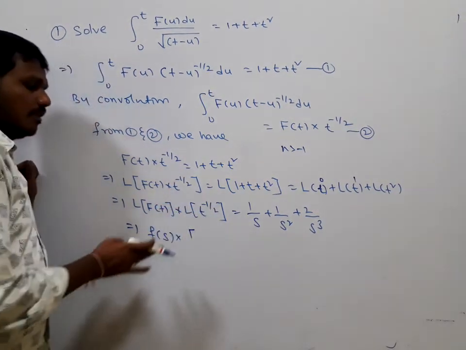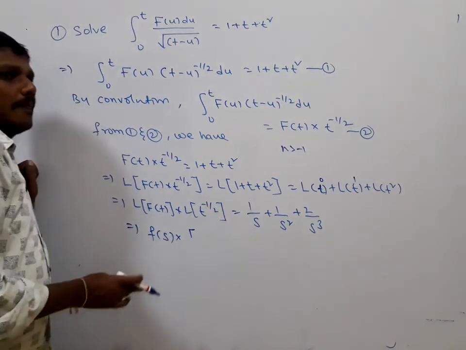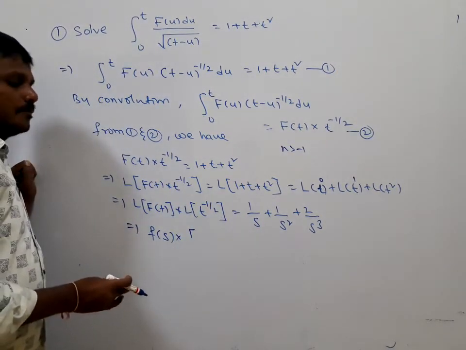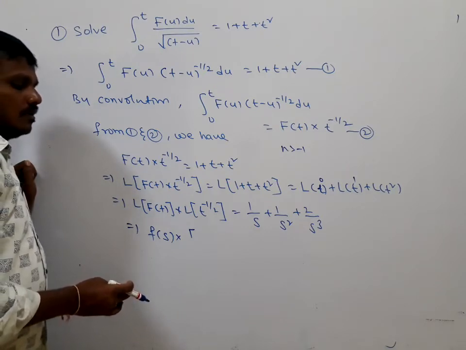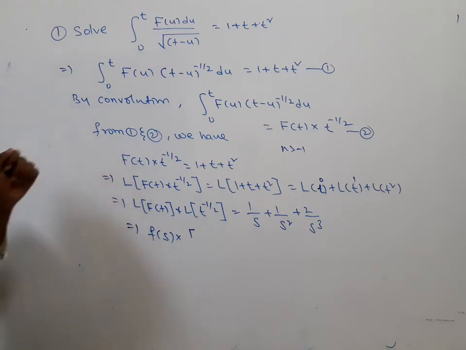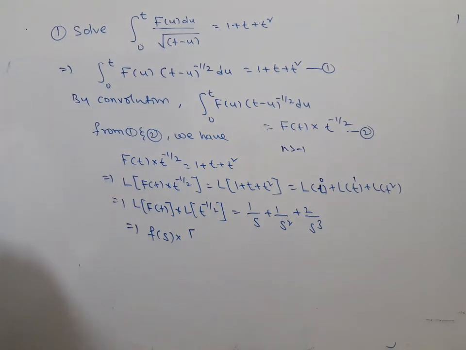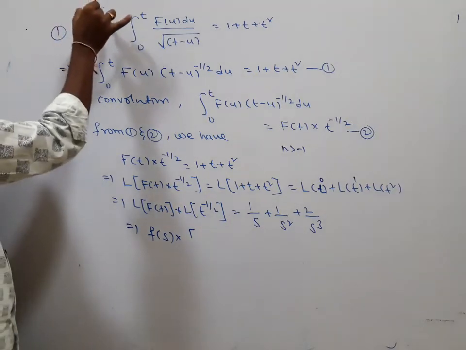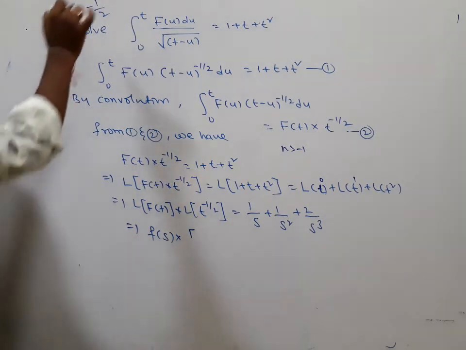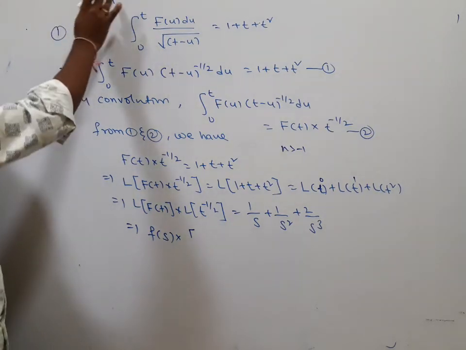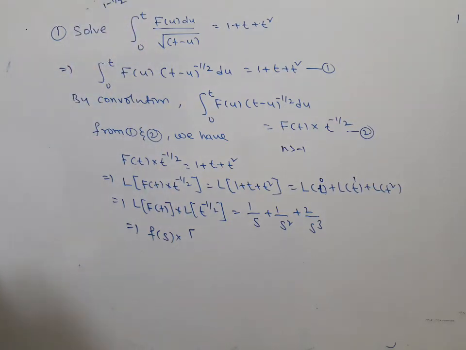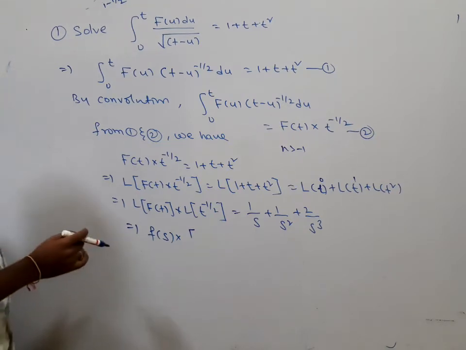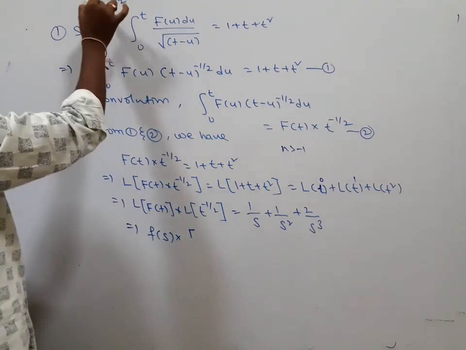T to the power of minus 1 by 2, minus 1 by 2 is n, so n plus 1 is minus 1 by 2 plus 1, that is 1 by 2.